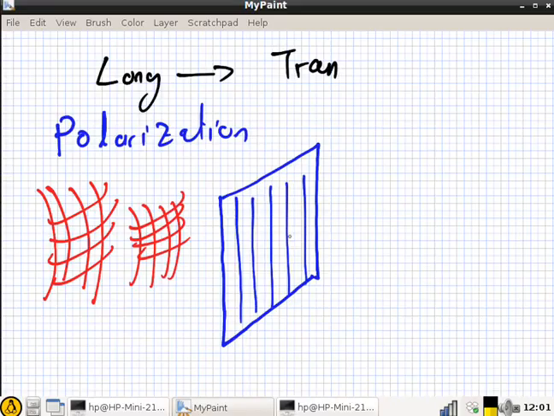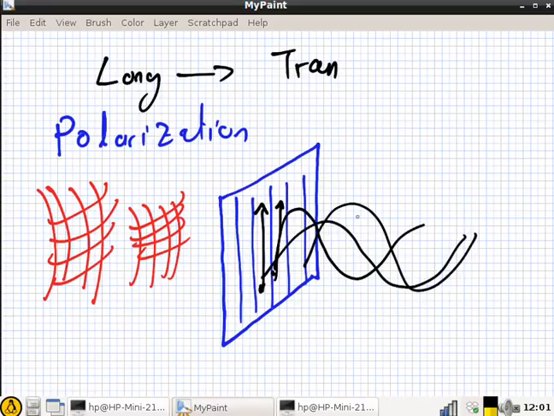Okay? Then it hits this basically like glass, but there's lots of little slits in the glass. Lots and lots of them. And the result is that when it goes through the glass, only the pieces that are moving up and down are allowed to go through. Any part that's moving left and right doesn't pass through. So in other words, it's like a filter.